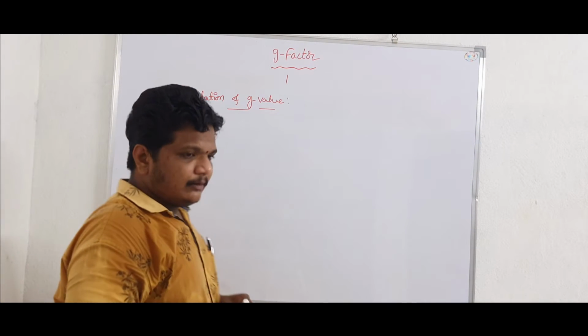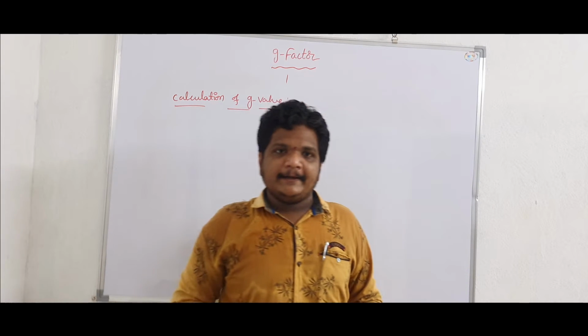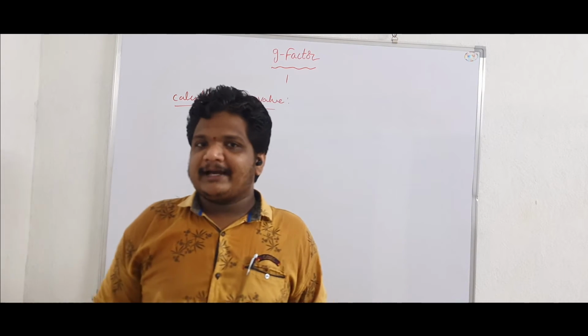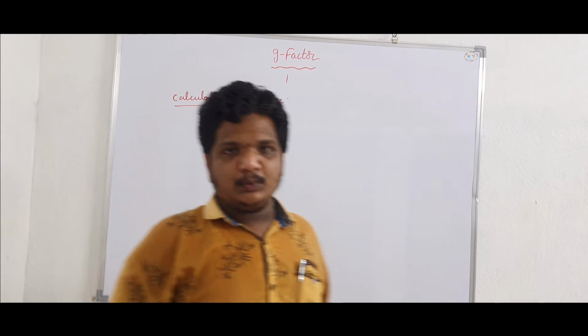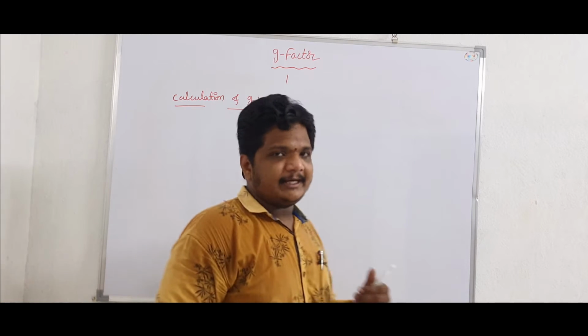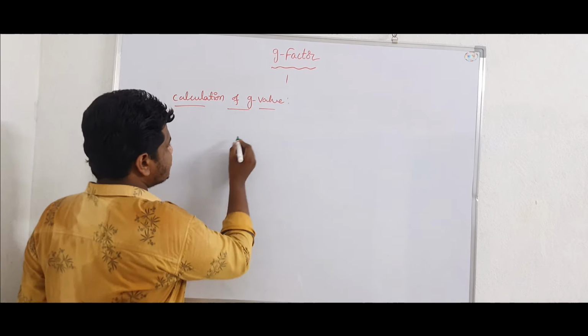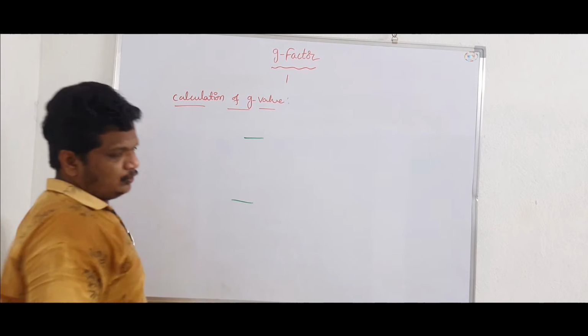We know that in the case of ESR spectroscopy, in the presence of an external magnetic field, the spin states of the electron will be split into two types: one is the alpha spin state and the other is the beta spin state. One of the spin states will have higher energy and the other will have lower energy.